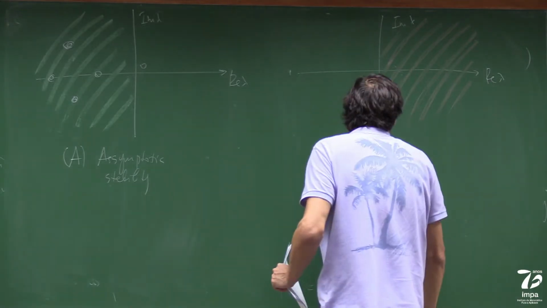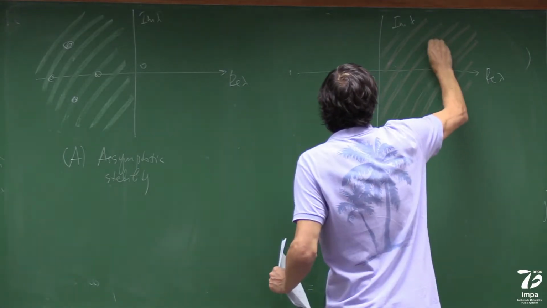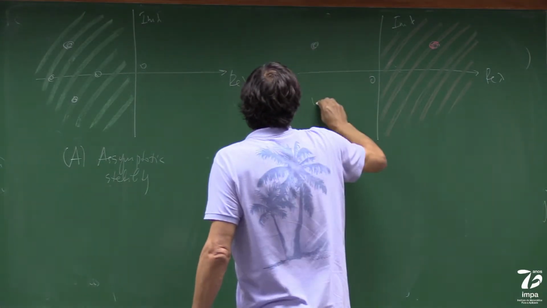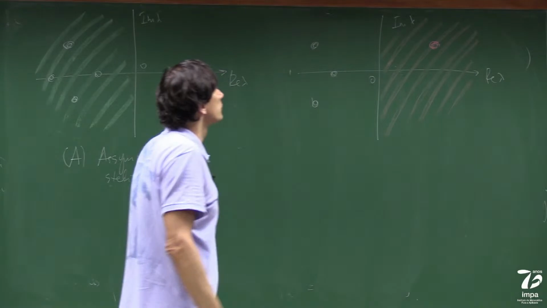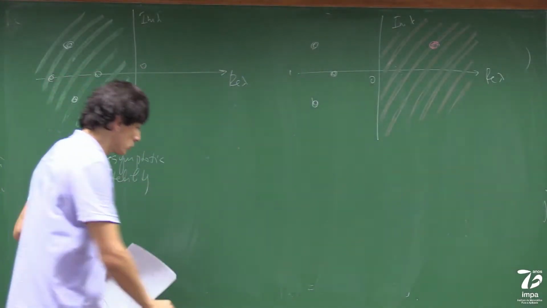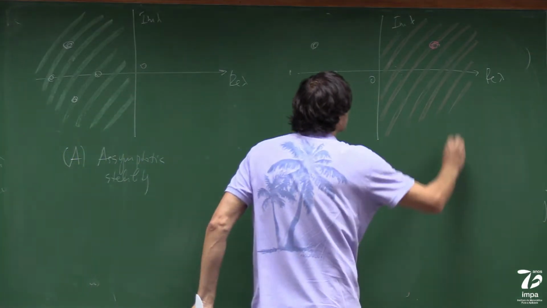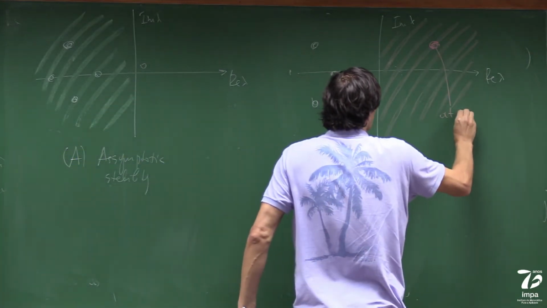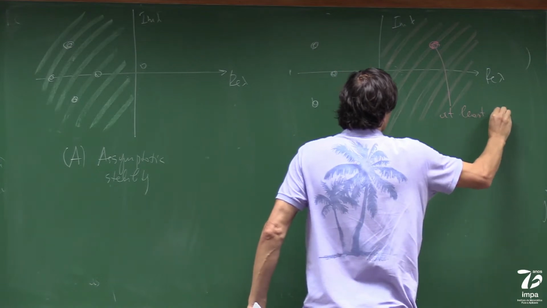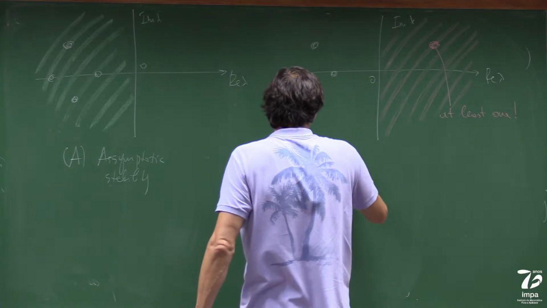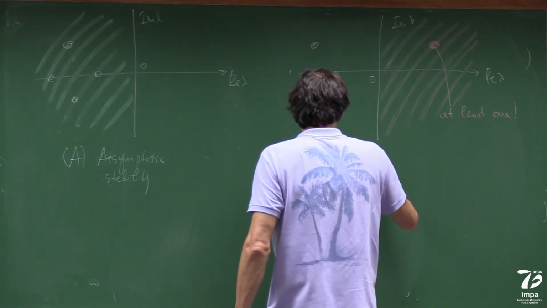At least one eigenvalue should be here, but the others can be on the left. It's okay. In this case, case B, you have instability.